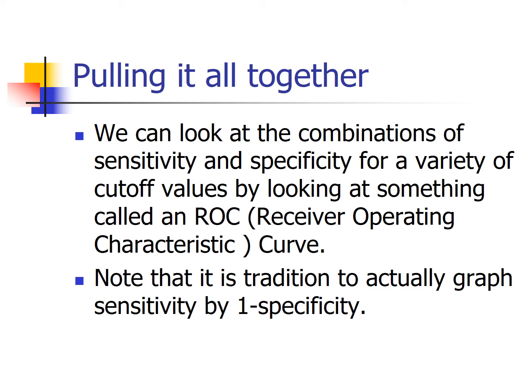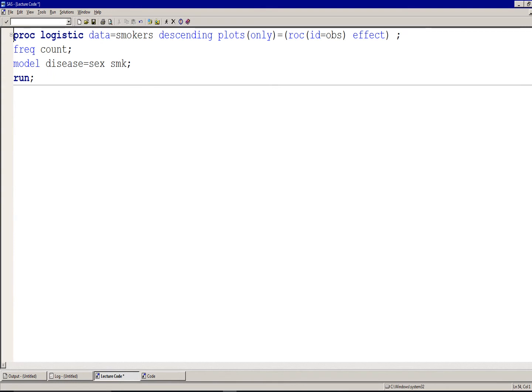Now note that it's tradition or convention to actually graph not sensitivity by specificity, but sensitivity by 1 minus specificity. We'll see it actually makes a nicer looking graph. So we have to do a few little tweaks in the proc logistic line to get these things, essentially a plot statement.